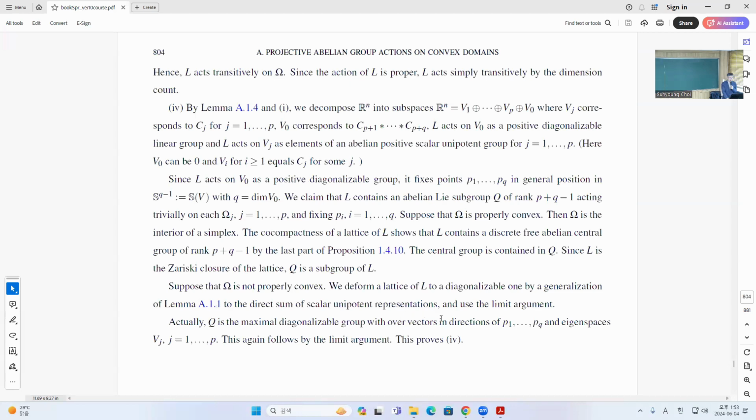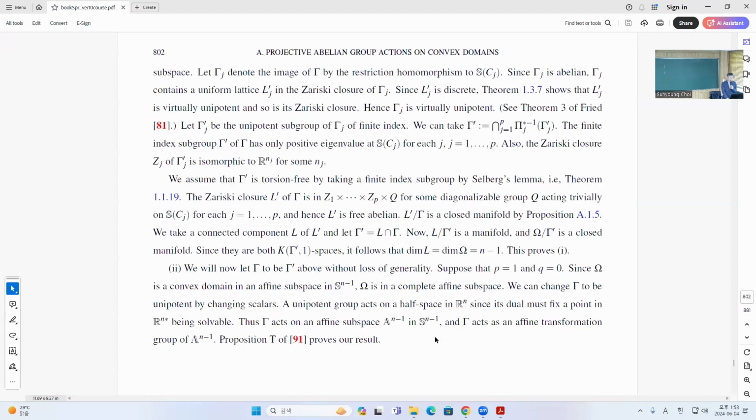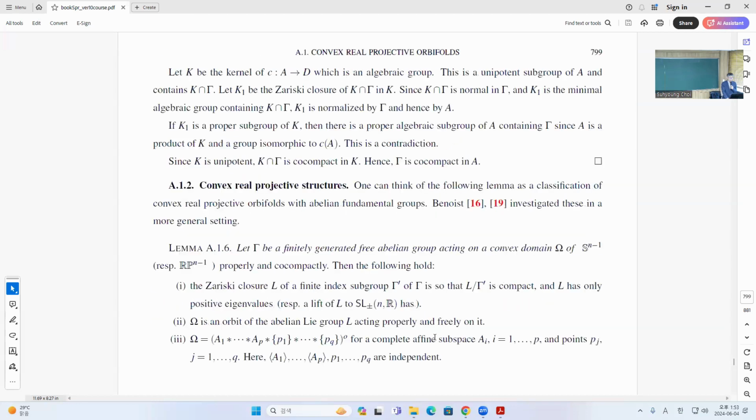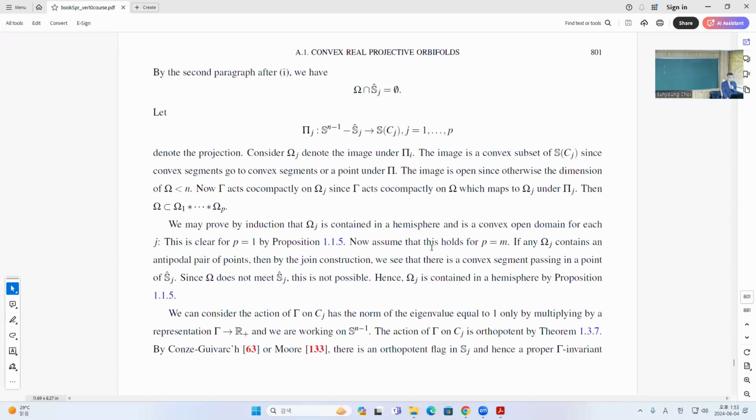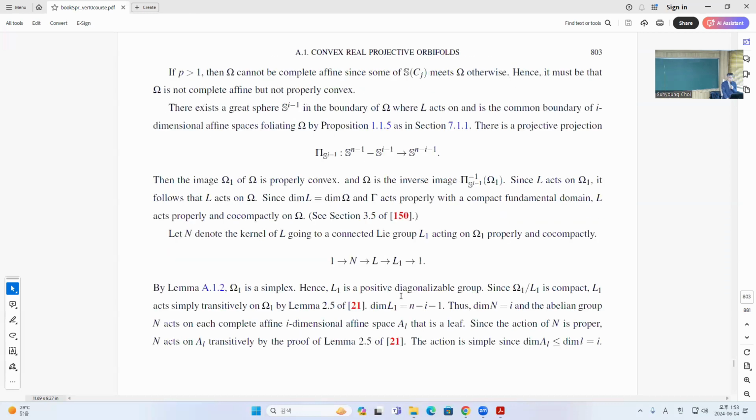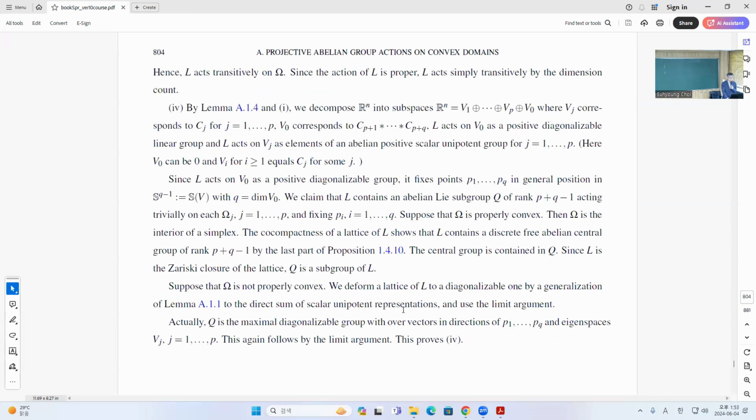So basically this group you can obtain from these positive eigenvalues, so you can obtain it from the diagonalizable ones. Okay, so in the diagonalizable one, there are always such groups. So you obtain these by the limit. Okay, so you can always deform to a diagonalizable one. So this will prove 4.